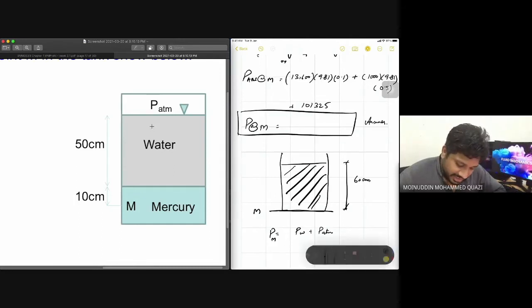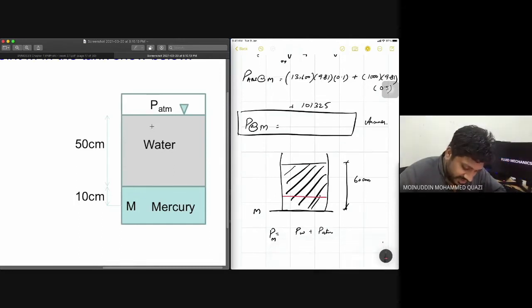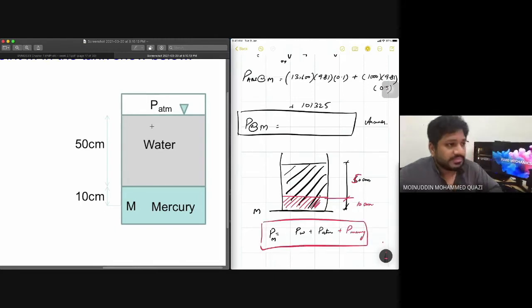But because the water height has been reduced to 50 and I put mercury here, the water height is 50 and this one is 10. So now I have to add mercury also, like this. So the height of fluid is very, very important, the exact height of the fluid.